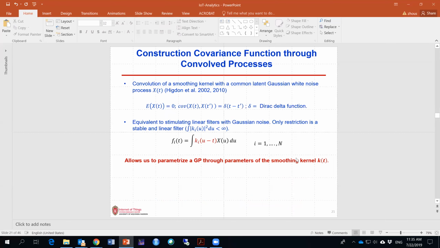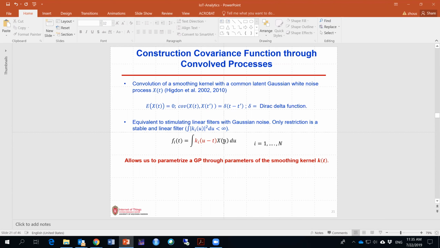So in this work, we propose to use convolution processes to construct a Gaussian process, and then use structured convolution processes to construct the multivariate Gaussian process covariance function. It's known that a Gaussian process can be viewed as a white noise process convolved with a smooth kernel function, so we end up with a colored Gaussian process. In this equation, X is the white noise Gaussian process.